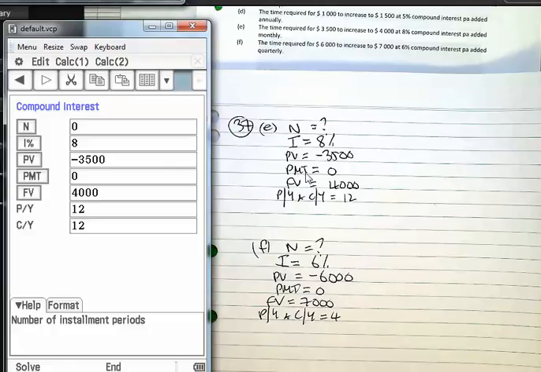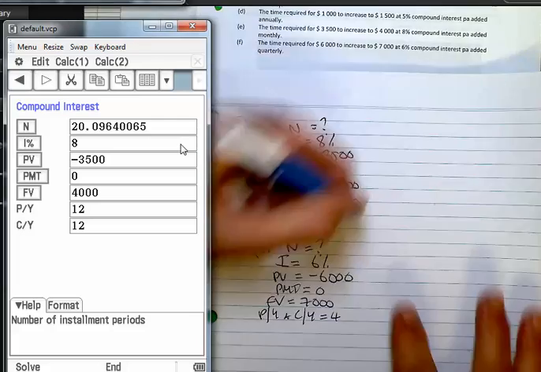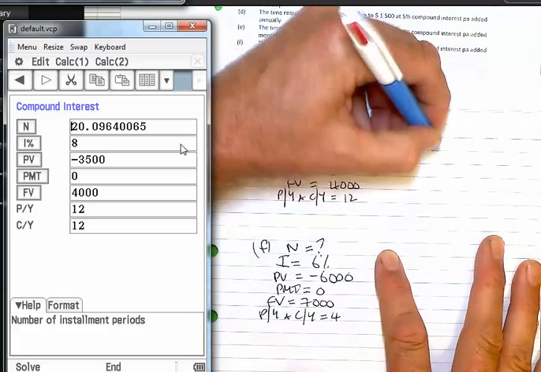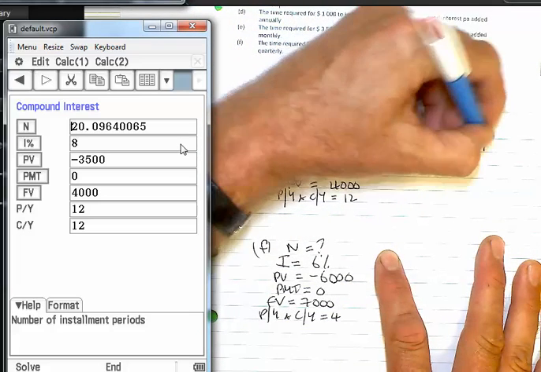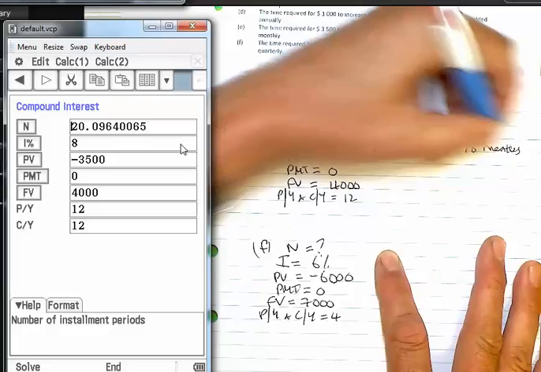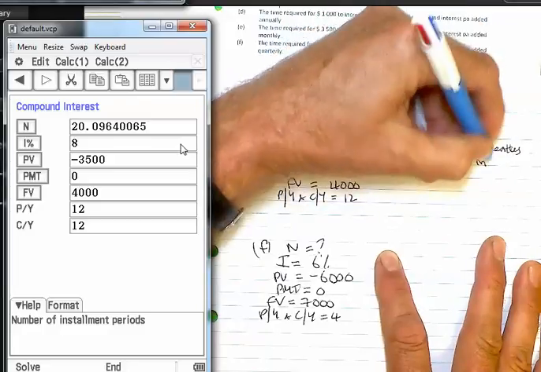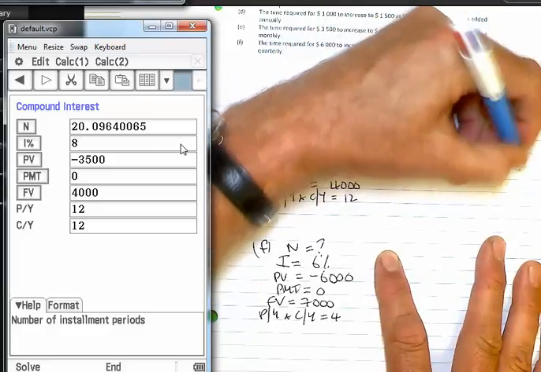I've written down these figures on my paper, and hitting the N we find 20.096 months, or 20.1 to the nearest significant figure.